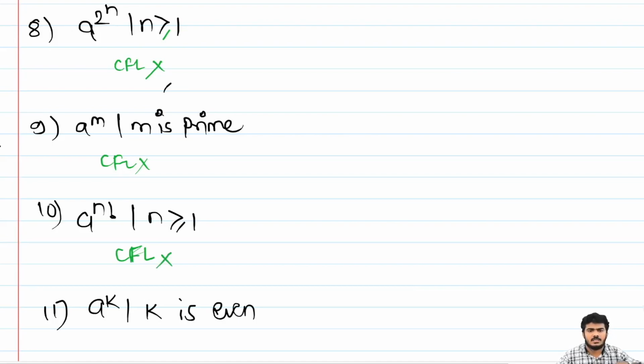And finally, a raised to power k, where k is even. Whenever k is even, it is an even number starting from 0. So the language contains strings like epsilon, then double a, then 4 times a, then 6 times a, then again 8 times a.